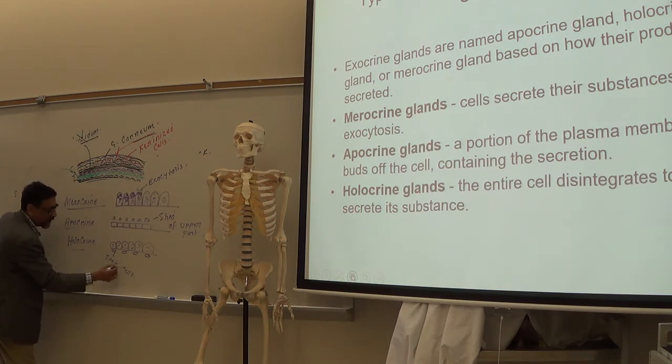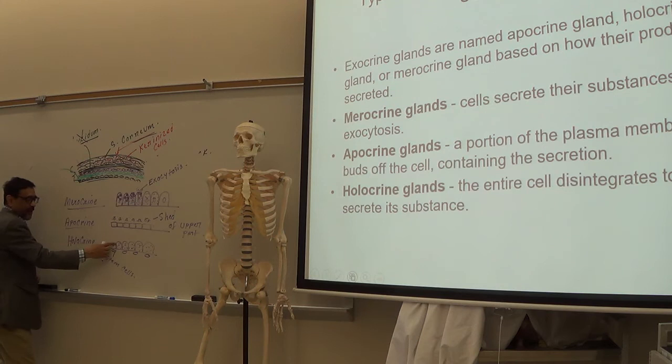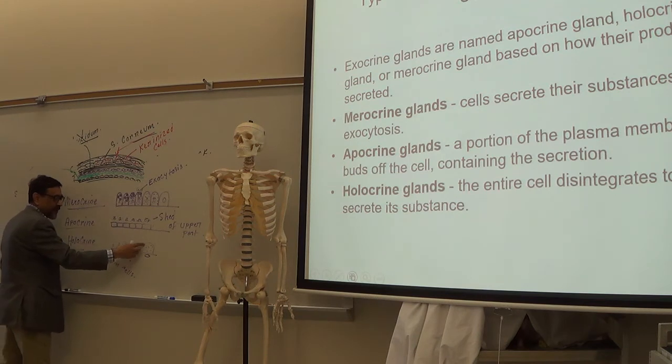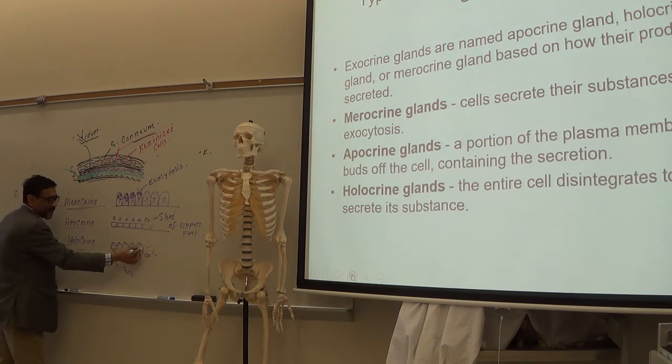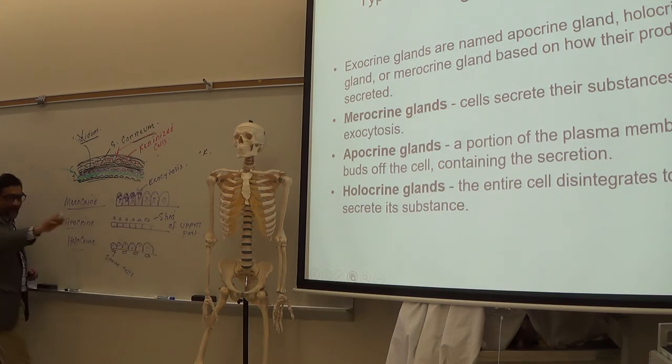These cells are completely destroyed. Death of these cells causes the release of the chemicals, and these stem cells will again produce new cells. Make sense? So a completely new cell line will be formed.